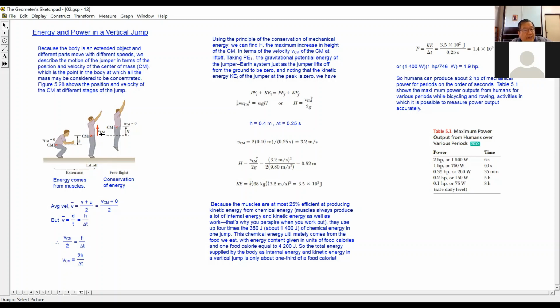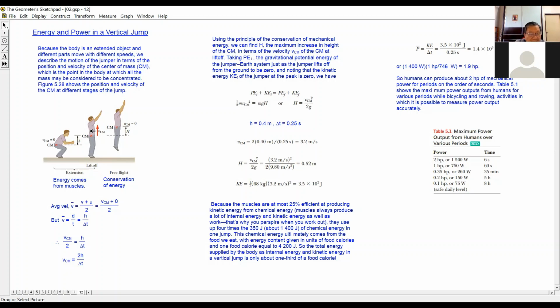So this is during the first stage. During the second stage, the VCM, the kinetic energy, is converted into potential energy, from a lower level to a higher level. So these are the two stages.